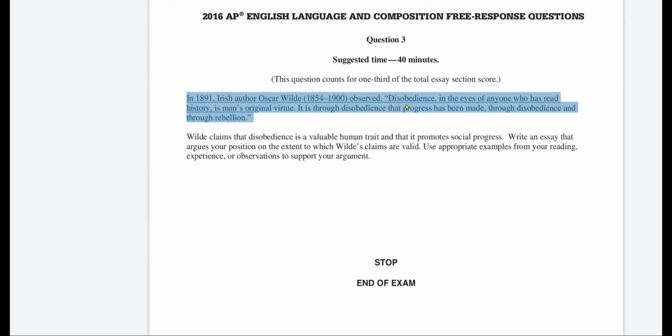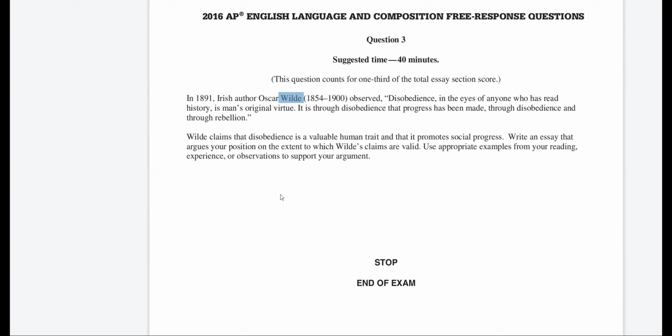He said, "Disobedience in the eyes of anyone who has read history is man's original virtue. It is through disobedience that progress has been made, through disobedience and through rebellion." So we know Wilde's stance, his thesis, his claim is what?